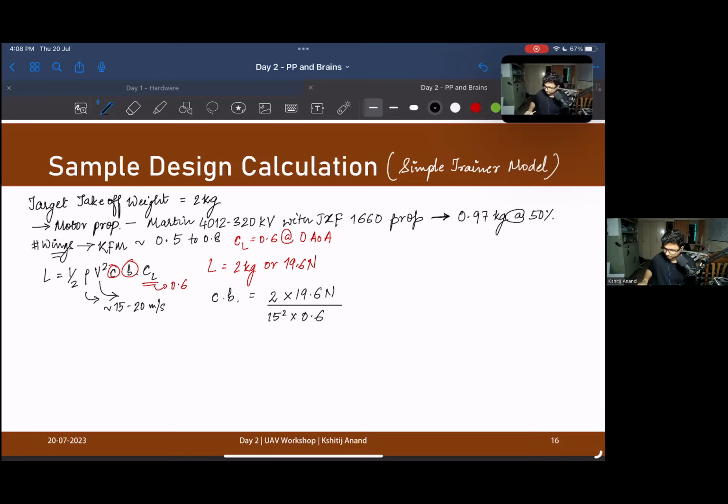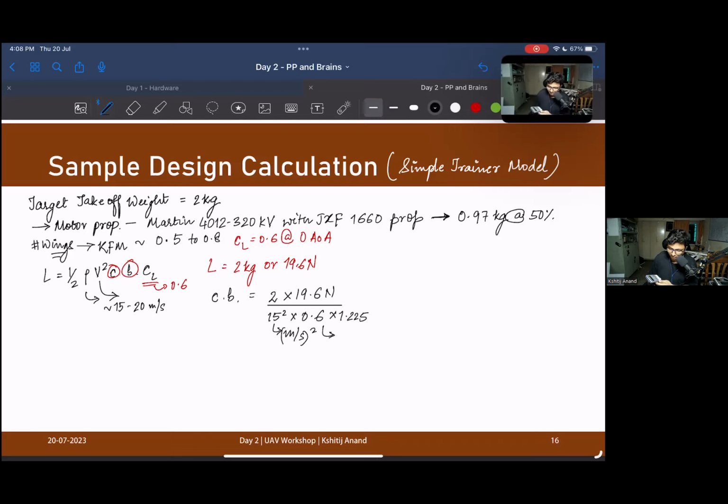So if I put this into my calculator, 15 square. Am I missing out something? Yeah, I'm missing out the density. So it's going to be into 1.225 kg. So this is in meter per second whole square.